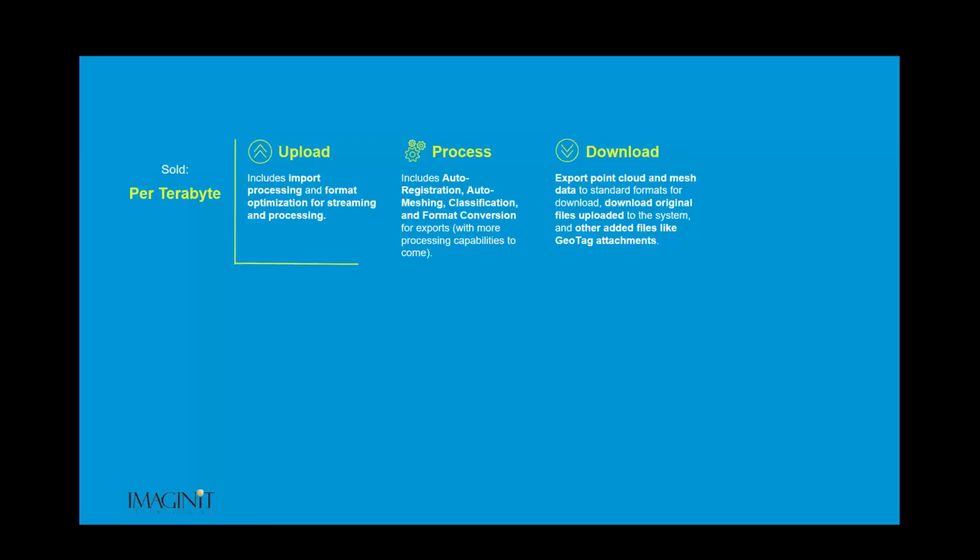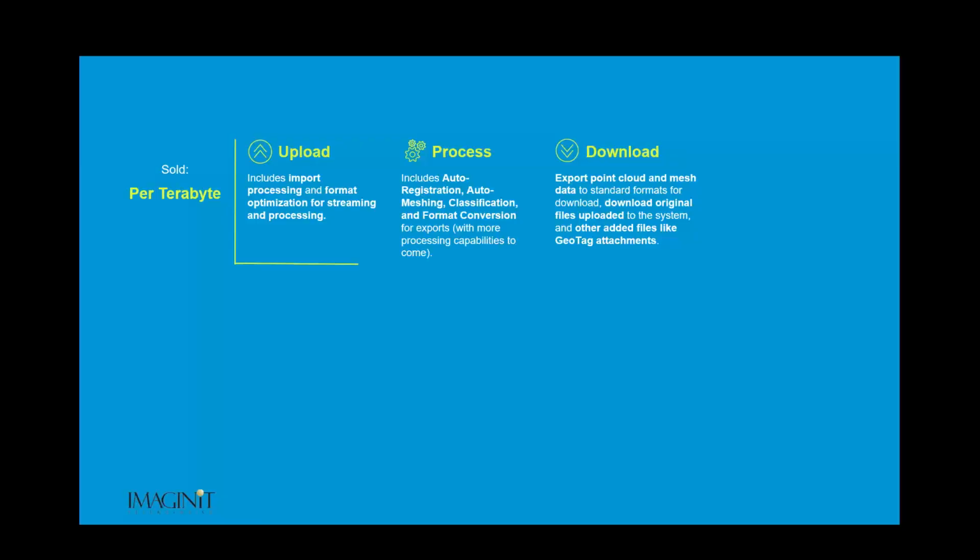Anytime we process, so if we use auto registration, if we use auto meshing, format conversion for exports, okay, anything that we do with that is also going to eat into those terabytes that I have for my subscription. The last thing is downloading. So if we export or if we download a mesh, okay, or if we download the LAS file, or sorry, the LGSX file, that's also going to then eat into those terabytes. Okay.